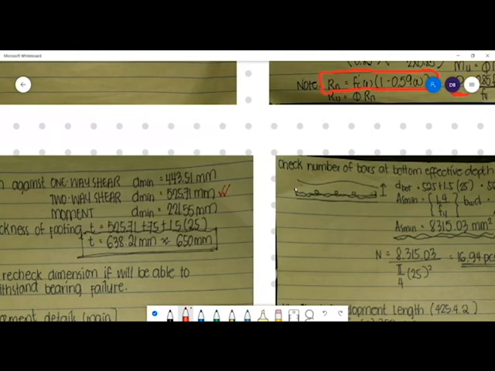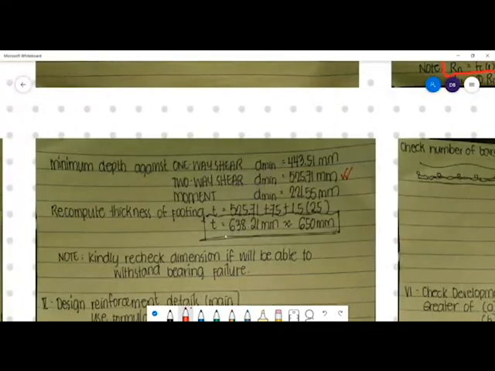We add 0.5 of the diameter plus 1 whole diameter, which is equal to 1.5 times 25. Our minimum thickness is equal to 638.21, which can be rounded up to 650 millimeter, to the nearest 25 mm.